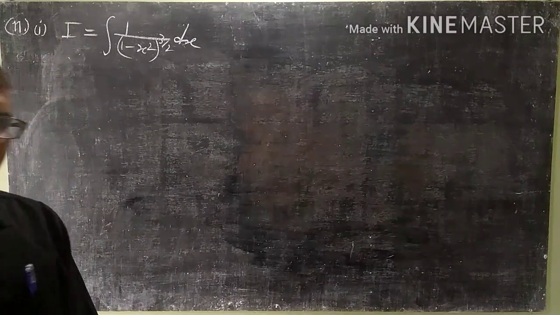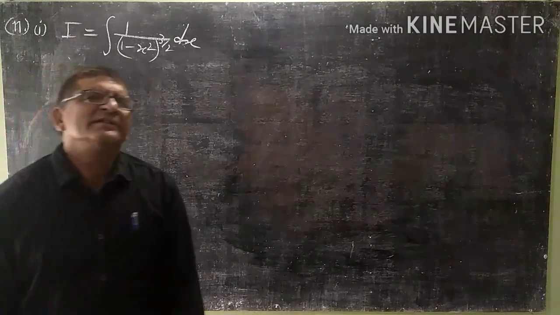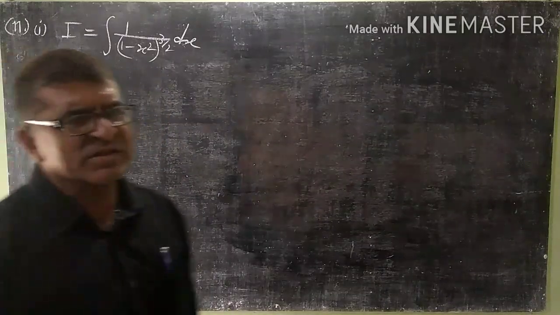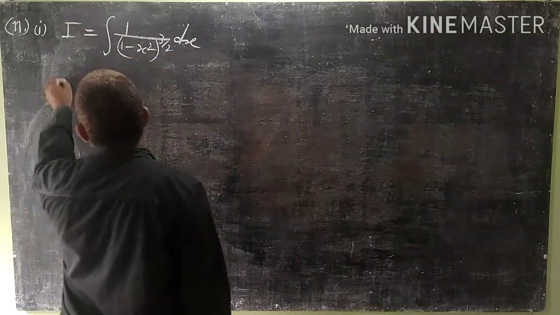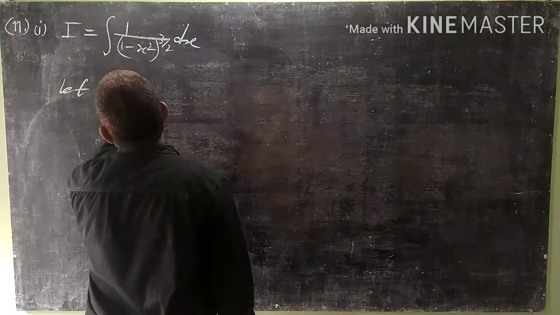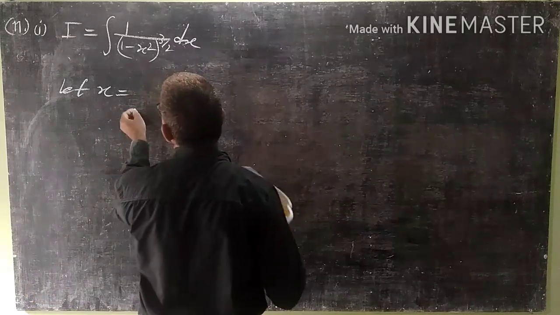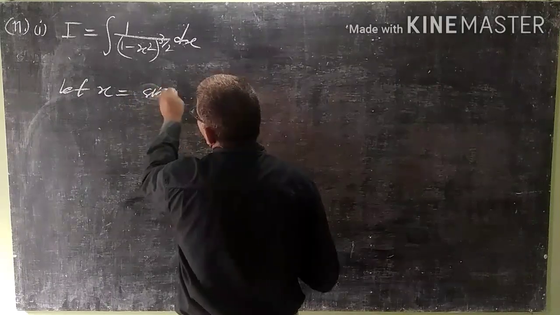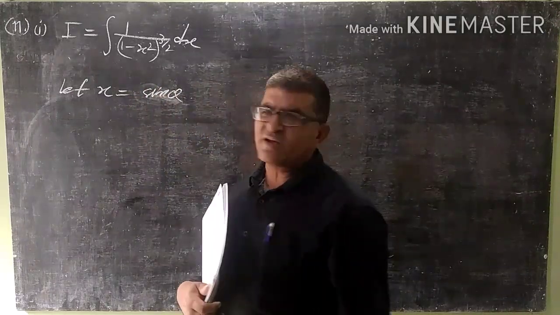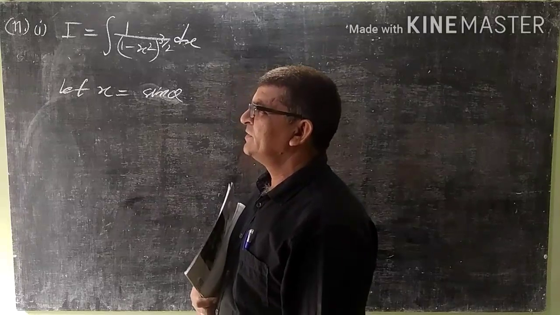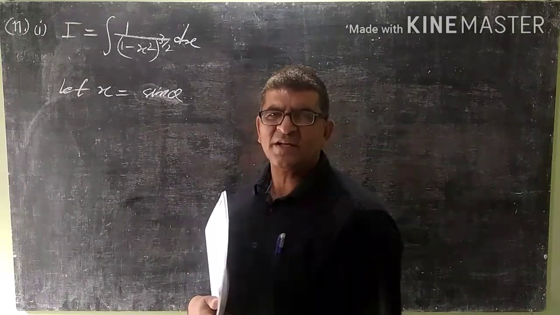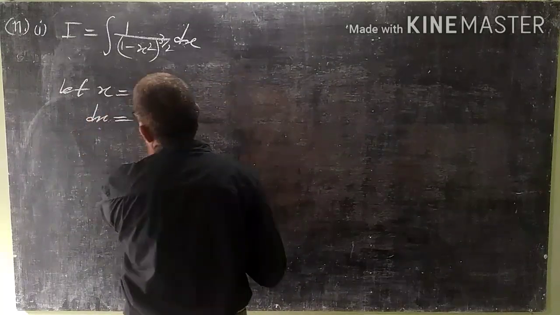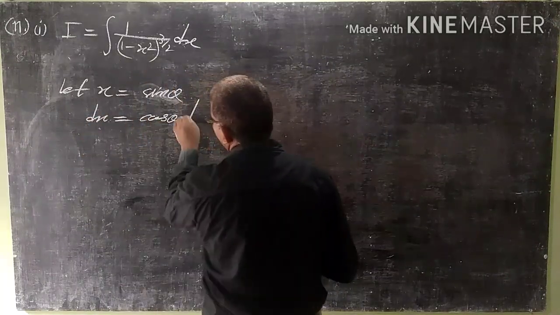And if we take x equal to sine theta, then it will become 1 minus sine square theta, that will be cos square theta. Now let x equal to sine theta. Sorry, because I have explained you that we take sine theta, but by mistake I have written tan theta, which is wrong. Now dx equal to cos theta d theta.